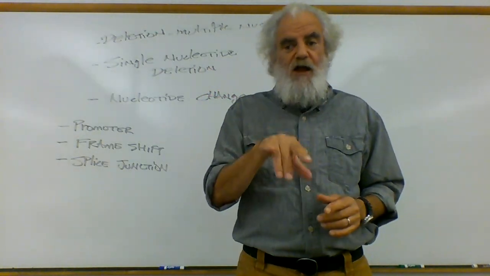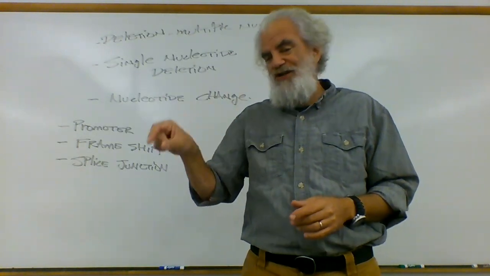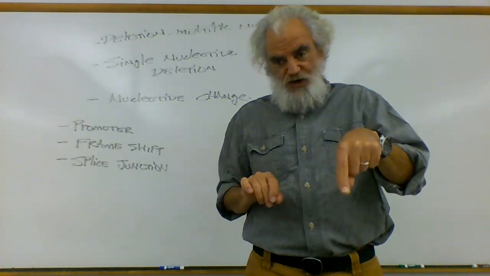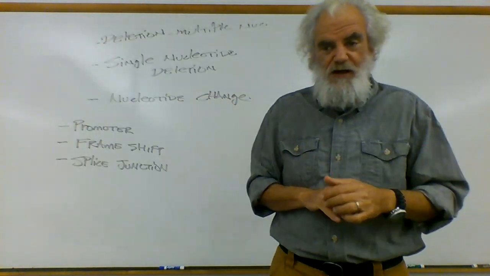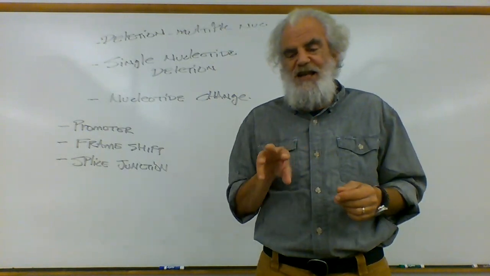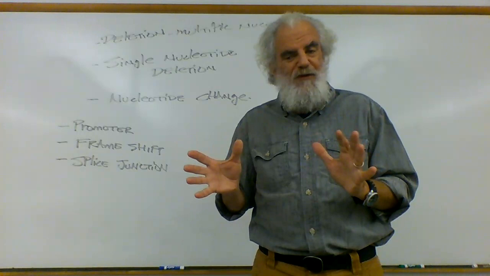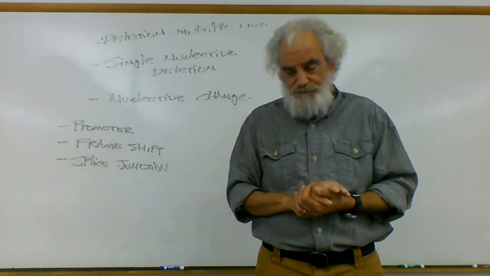There are a lot of codons where you can change one or two nucleotides and not change the amino acid identity. There are some where if you change a nucleotide, you change the amino acid that is being called in. Often the amino acid is going to be a similar biochemical amino acid. It'll be a neutral substitution.